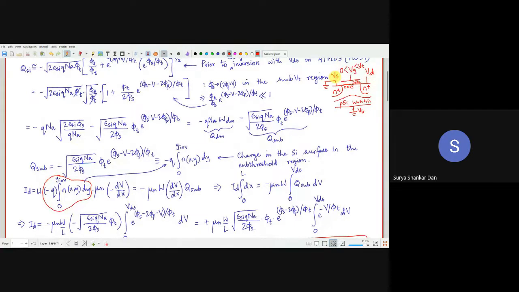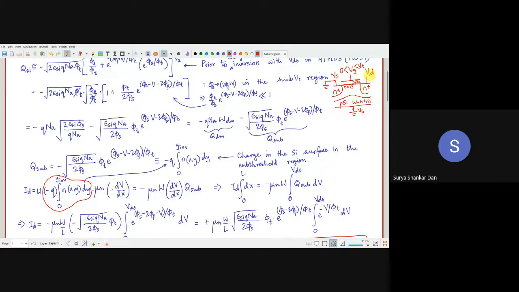Subthreshold means your gate voltage is less than VT, though only slightly less, not much lower. So VG is slightly lesser than VT. That is the whole meaning of the subthreshold region operation. However, VDS is pretty high.